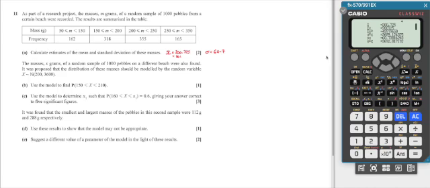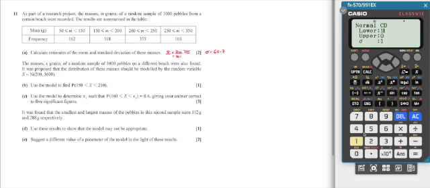Right. Proposed, we're going to use this. A random sample of 1,000 pebbles were also found. We're going to use a normal distribution model to find the probability that we are between 150 and 210. So I go back into my calculator, clear this off first, back into distribution, and I go normal CD.